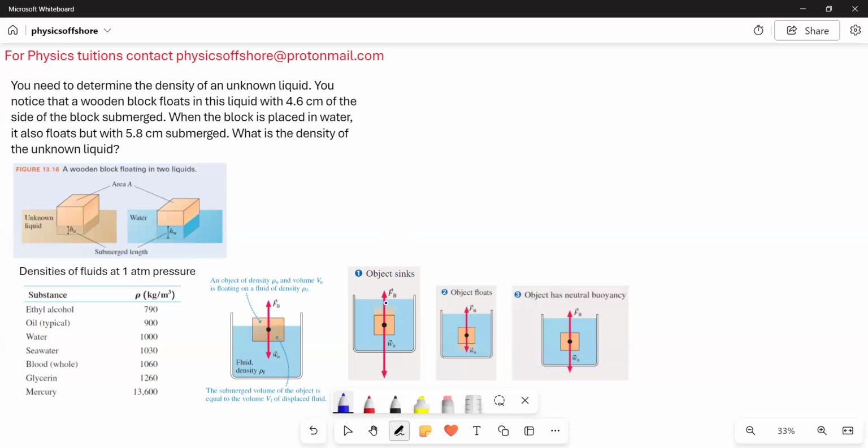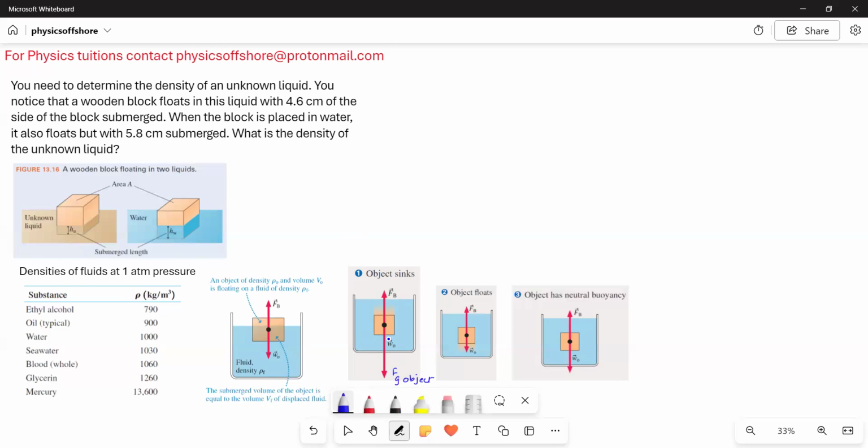In this picture, Fb is the buoyant force, and W naught is the weight of the object. Suffix O represents object, and suffix B represents buoyant force, buoyancy. Now, if you see the arrow marks, Fg or W naught is greater than Fb. W naught is nothing but Fg of the object, so Fg object is greater than Fb.